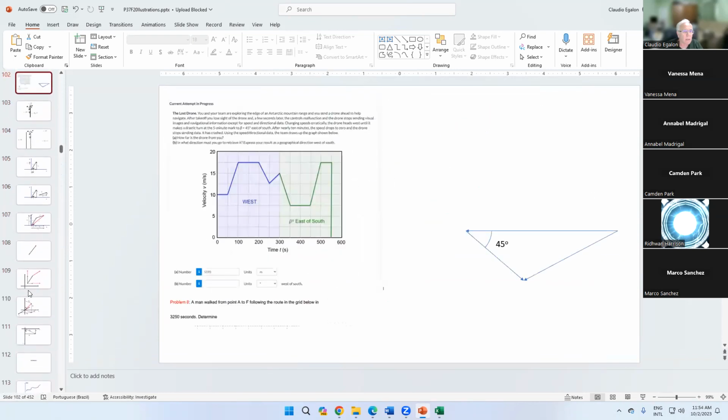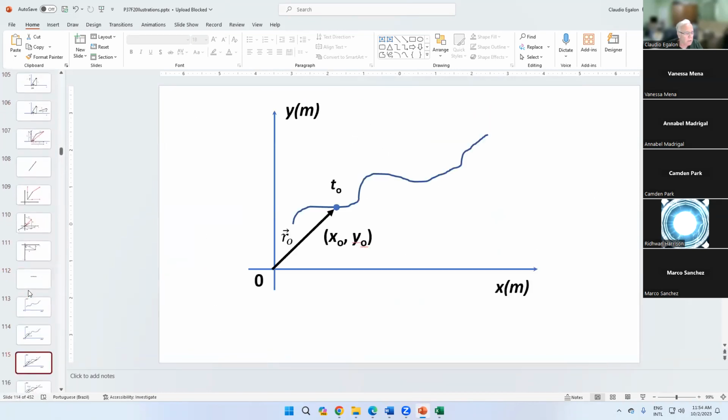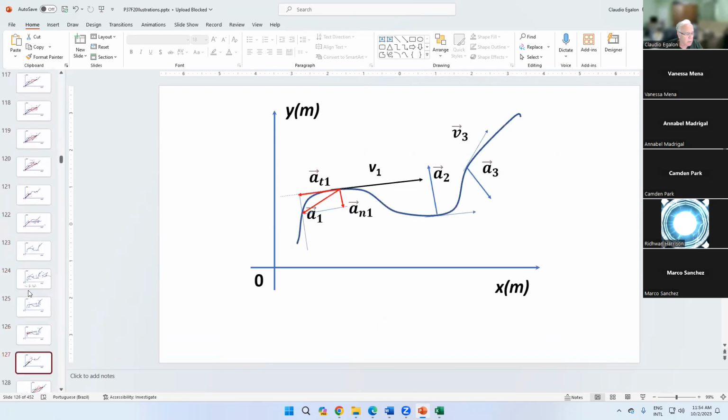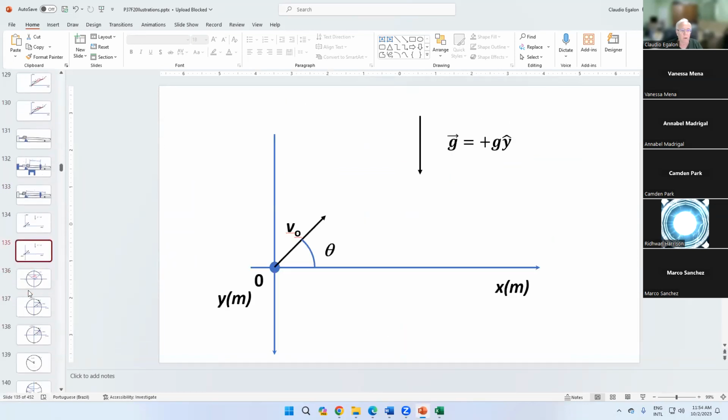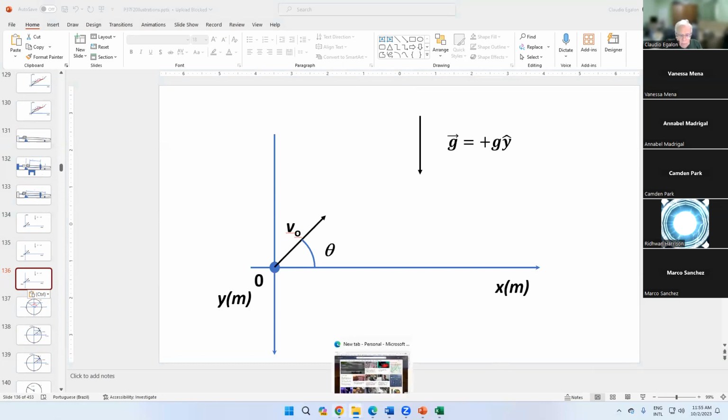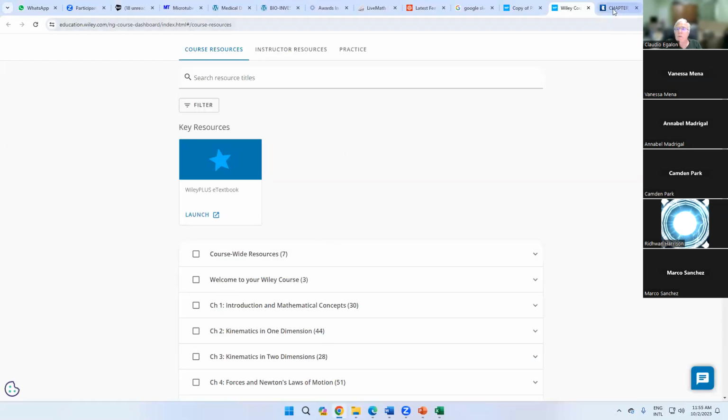I'm supposed to have it. Nope, overshot it. This one, no. Let's see if I have it in the other one, so I don't have to repeat the drawing. I'm going to show us in the book. It's better, so I don't spend too much time doing that.